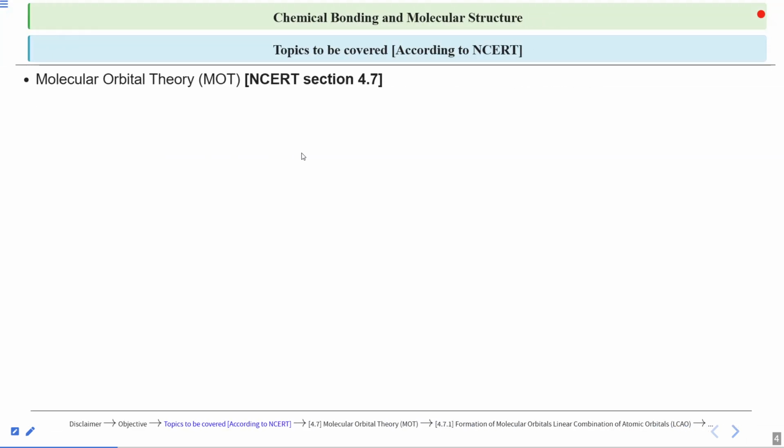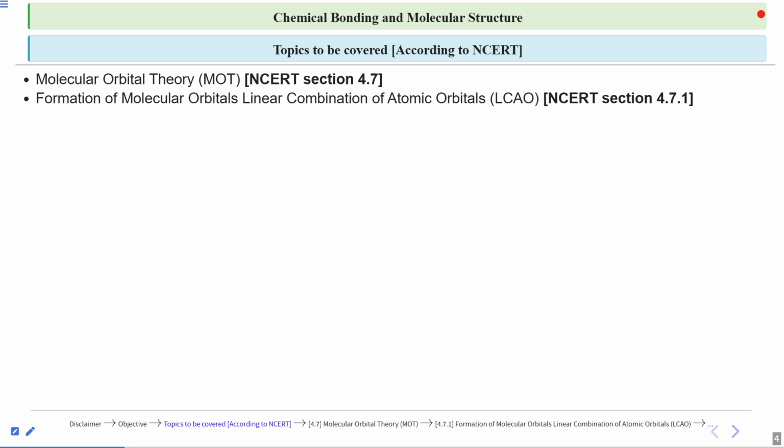If I specify it according to the NCERT, then the first NCERT section that we will cover would be molecular orbital theory, which is 4.7. Then the formation of molecular orbitals, which is done with the help of the linear combination of atomic orbitals, section 4.7.1.